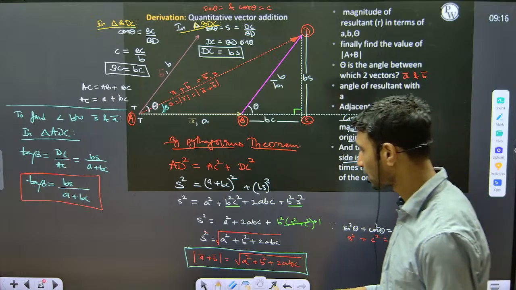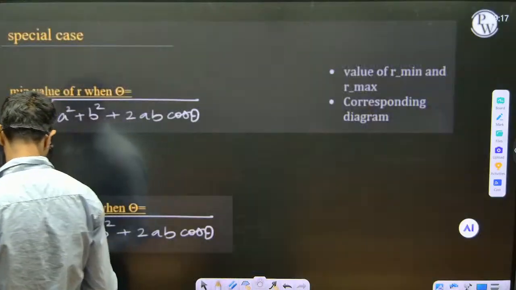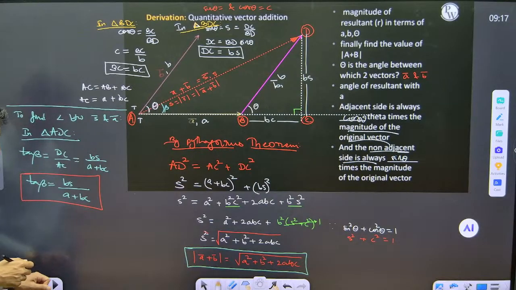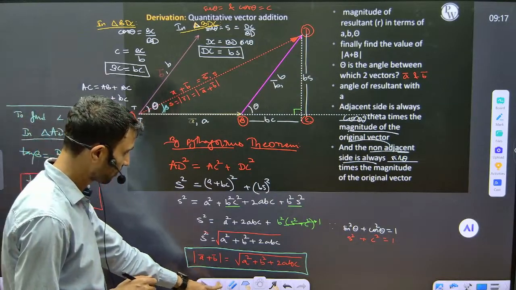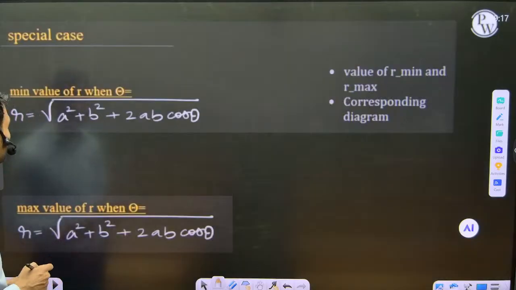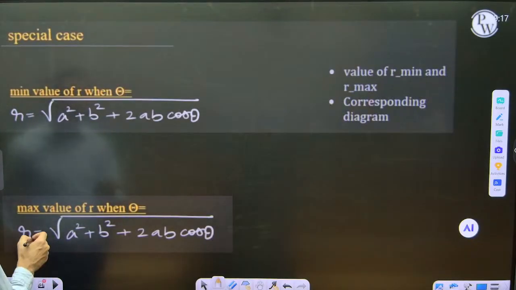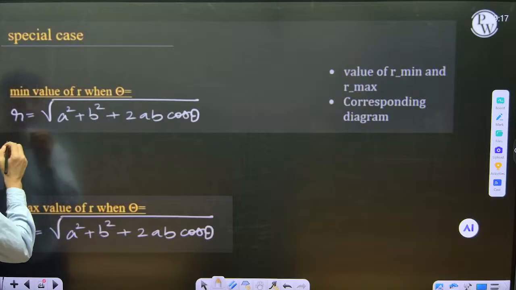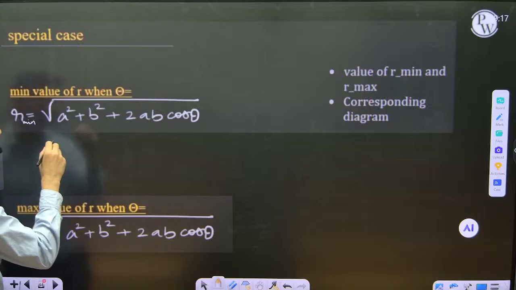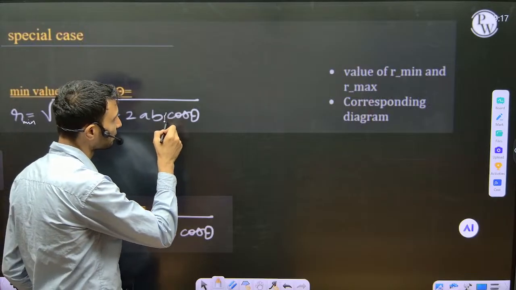Okay. So now let's go ahead and find the maximum value and minimum value of R. R means S only, this S that we found out. So what will be R minimum? If R is minimum, what can you say about cos theta?